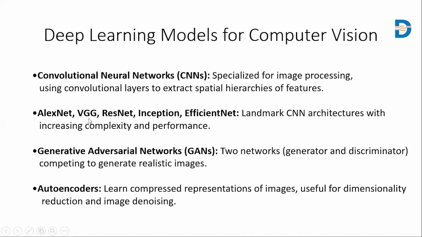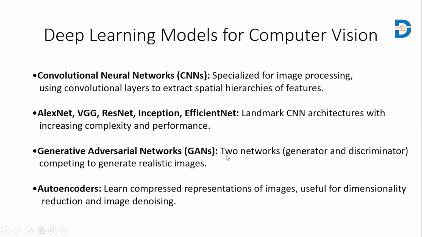Then AlexNet, VGG, ResNet, Inception, EfficientNet are landmark CNN architectures with increasing complexity and performance. Basically these models are trained on a huge amount of data, and that's why they are very efficient in terms of performance.